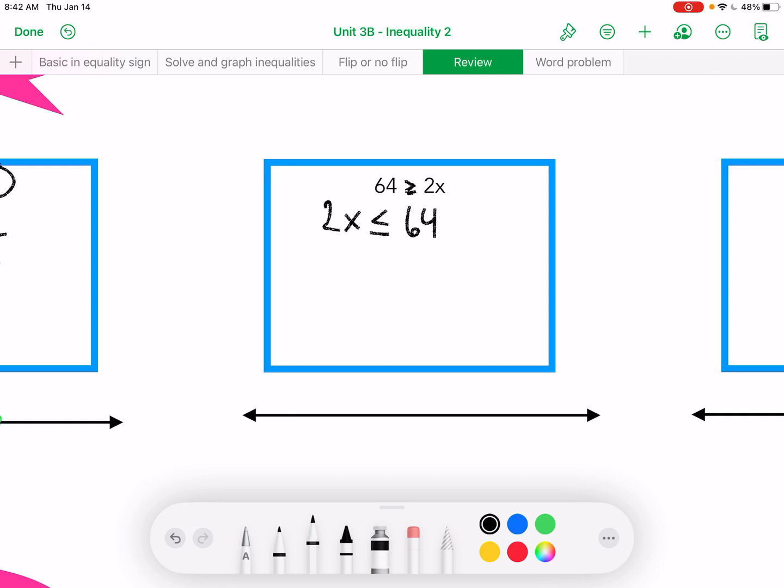I set that up the same way here and draw my line. This is multiplying. The opposite of multiplying is we're going to divide both sides of the inequality by 2 to balance it out. 2 divided by 2 is 1x. I'm going to keep my inequality less than or equal to. 64 divided by 2 is 32.